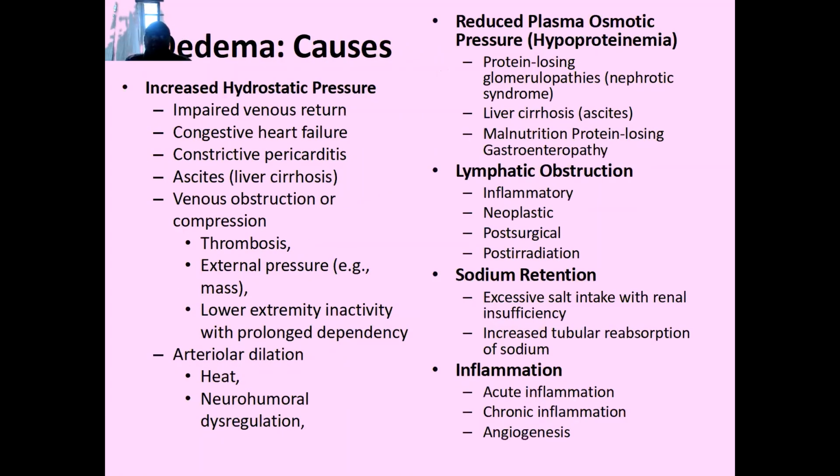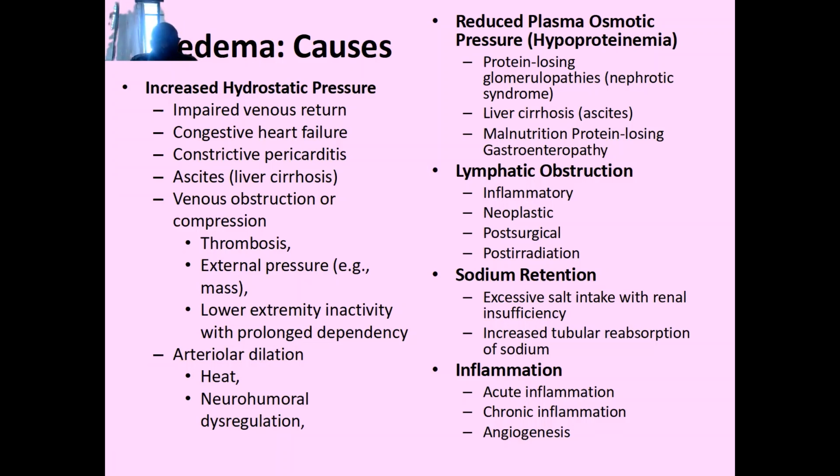Now, let us see causes of edema. Edema can be because of increased hydrostatic pressure. That is, for example, impaired venous return to the heart, congestive heart failure, constrictive pericarditis, ascites, for example if there is liver cirrhosis or even liver cancer, venous obstruction or compression of blood vessels, like in thrombosis, or external pressure, for example an external mass pressing on a blood vessel returning blood back to the heart.